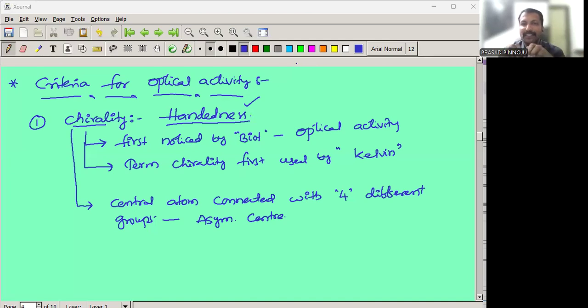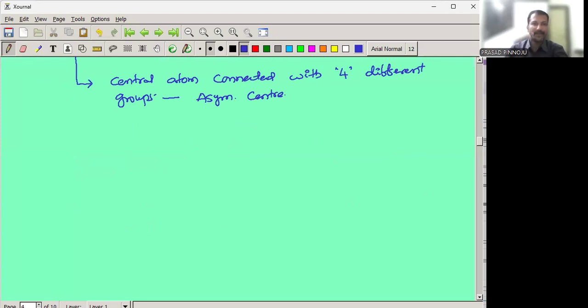Chirality definition is nothing but simply a single line, that is handedness. Clear? Okay, sir. Yeah. So the handedness property is called chirality.